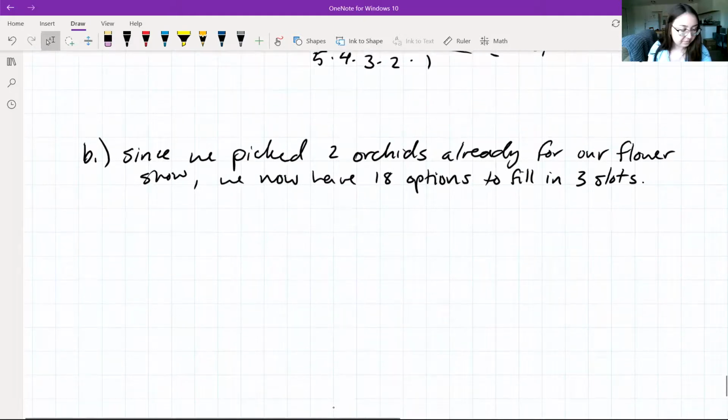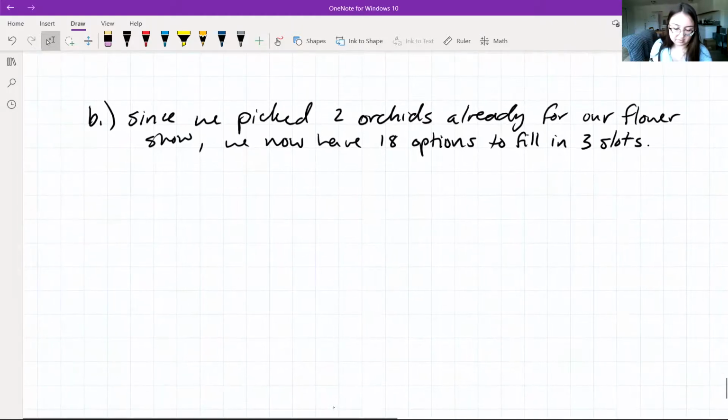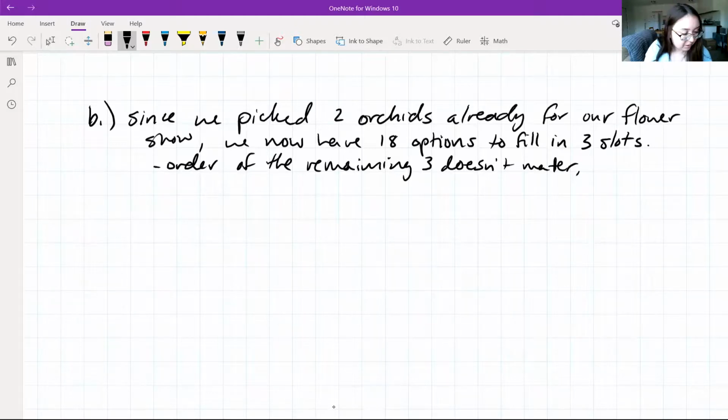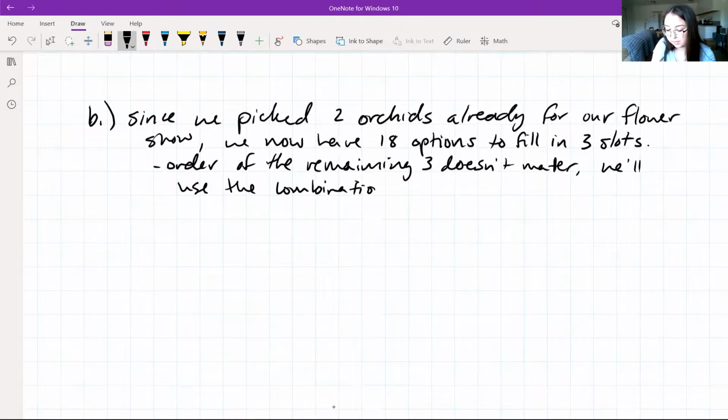Now that we know this, for the rest of the show, the order still doesn't matter. The order of the remaining 3 doesn't matter since we already chose the first 2. We'll once again use the combination formula.